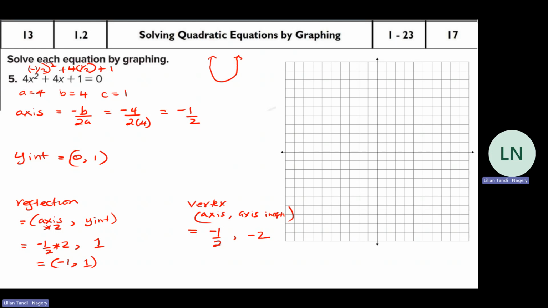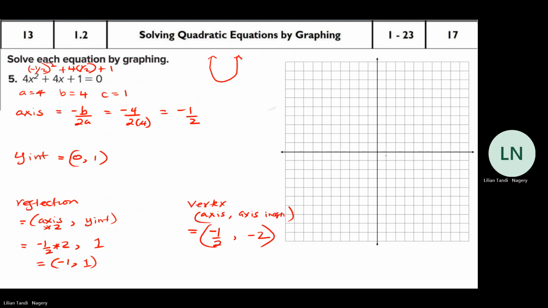So this should be -2. Okay? Now, what do you notice? I have fractions. So I'm going to go by fractions on my x-axis. The axis of symmetry determines what you go by on the x-axis, and the y-intercept determines your scale on the y-axis.